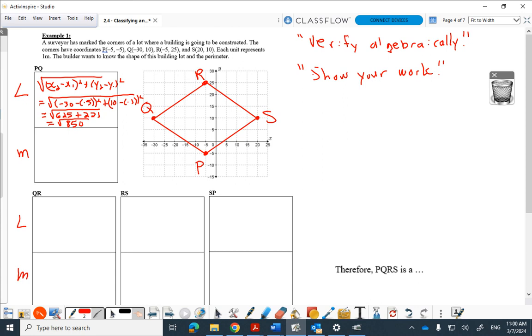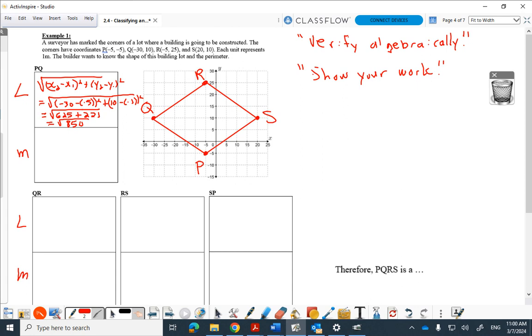Yeah, root 850. Could I get it as a decimal? Yes, I could, but I like root 850, me personally. And I'm speaking as maybe a grade 11, 12 teacher. I'm like, why would you want it as a decimal? Just square root 850. It's perfect the way it is. I know what you're feeling when you see that.